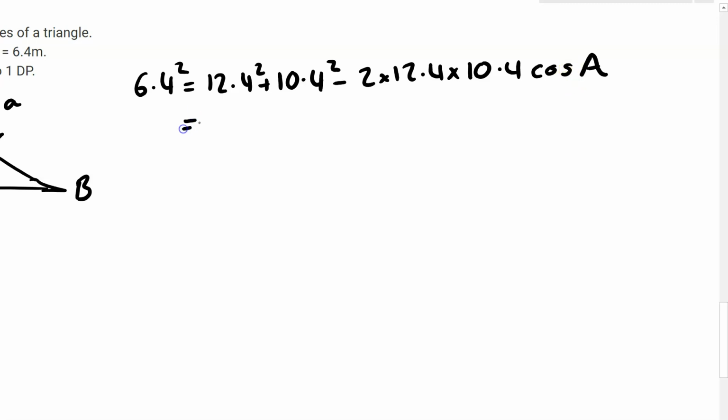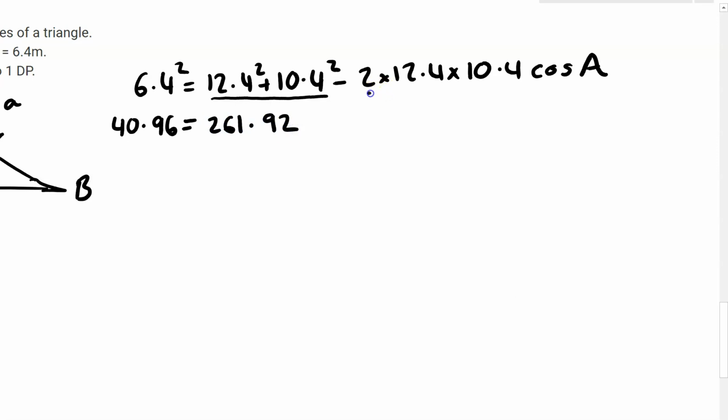We can certainly work out what the left hand side is. We can work out 6.4 squared, so that's 40.96. We can certainly work out this bit, so 12.4 squared plus 10.4 squared gives us 261.92.